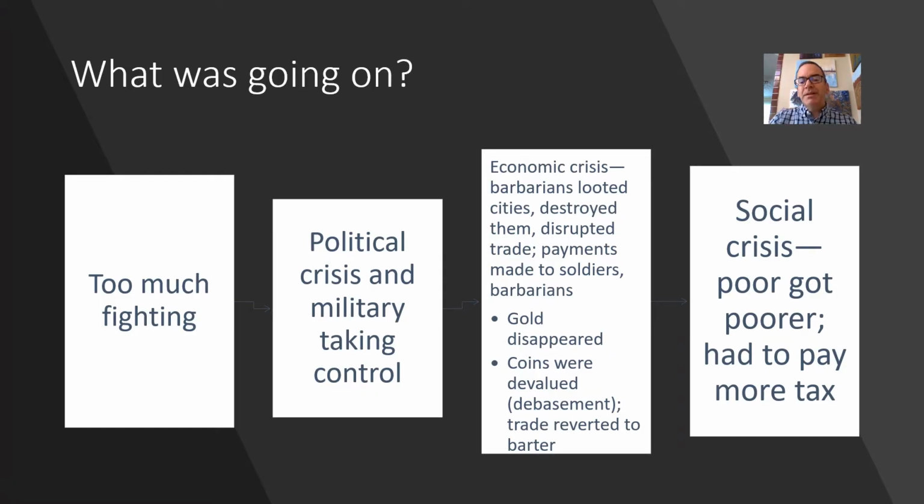So what's going on here? Why is all this sort of falling apart during the 200s? One, of course, is that there's too much fighting. You've got issues happening all around the Roman Empire. You also have the military taking control. In the past, you do have emperors rising up, being chosen by the military.